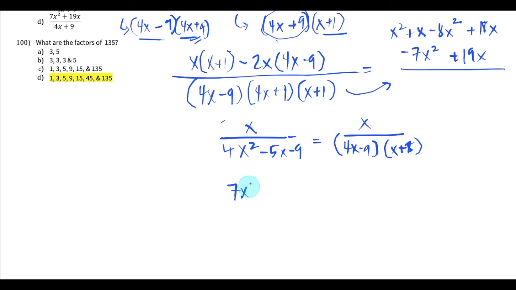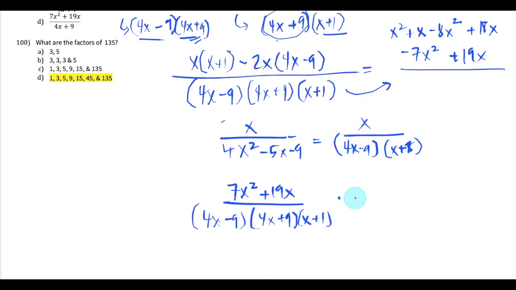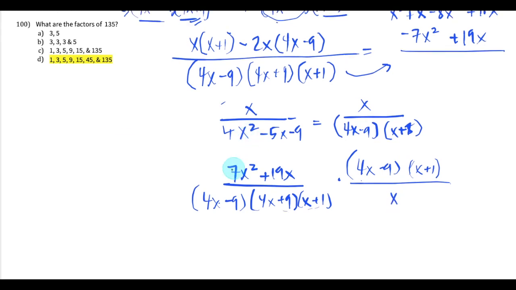We have here 7x squared plus 19x over 4x minus 9, 4x plus 9, x plus 1. Okay, since we're dividing by this, kunin natin yung reciprocal niya. 4x minus 9, x plus 1 over x. Sorry, may negative pa pala dito sa 7x squared. Okay, now ano yung mga pwede natin i-cancel? 4x minus 9.